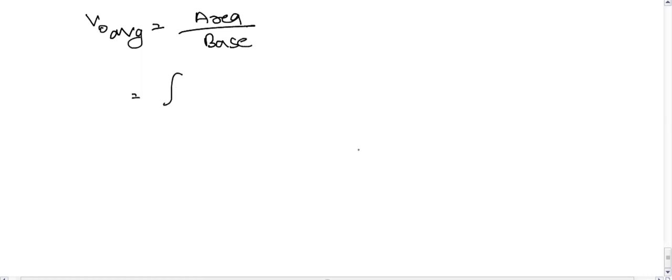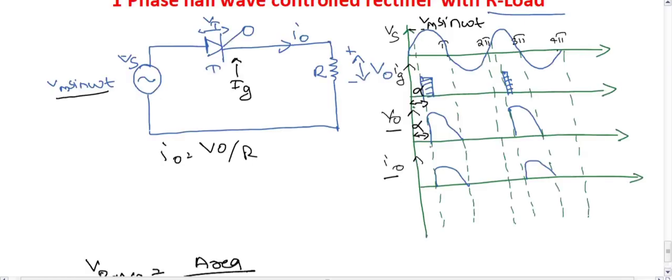Now we will see how to calculate the average output voltage. V output average is equal to area by the base. Base means the time period. So we can write the integral. This is alpha and this is pi.